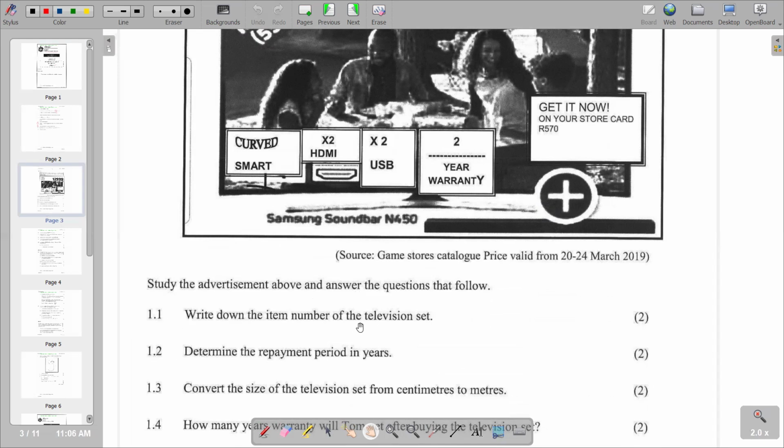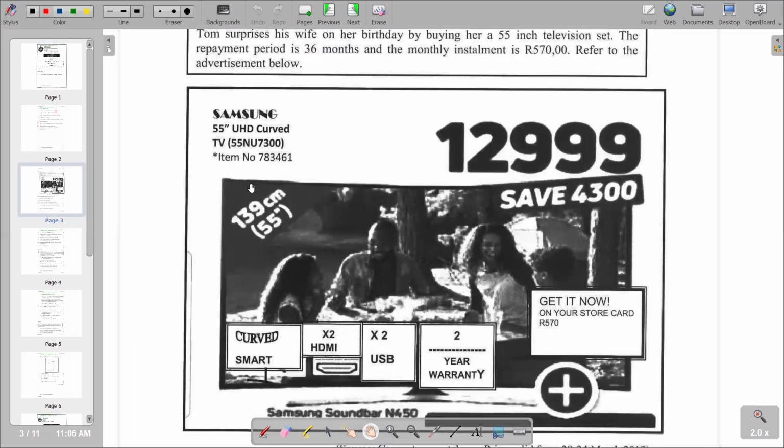1.1, write down the item number of the television set, 2 marks. So for the item number of the television set, we refer to the information given, and we are given the item number as stated here, whereby we have 783461.